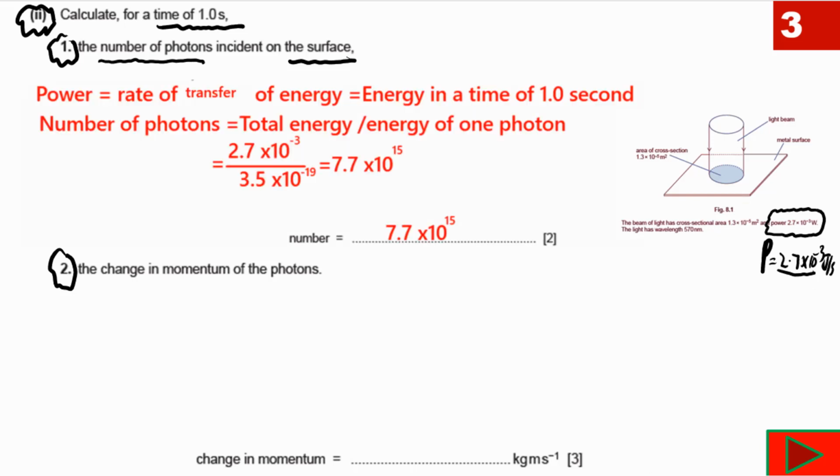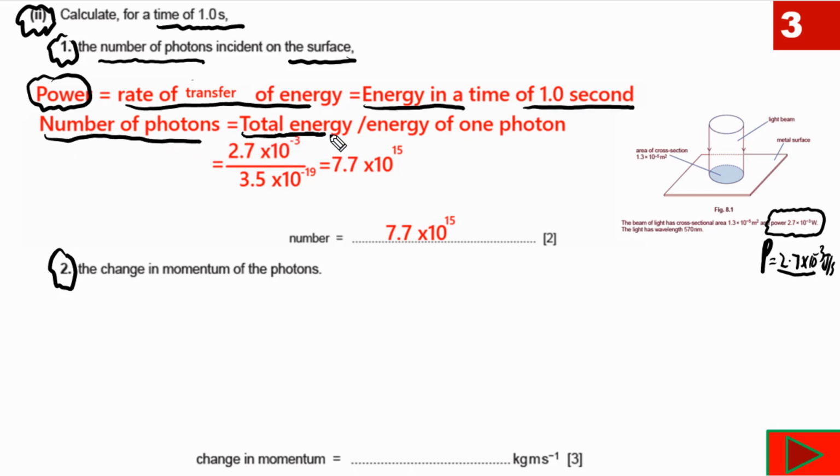So if you look at this, I have already done these calculations. The concept is very simple. First thing you need to understand: what is power? Power is the rate of transfer of energy. So how can we calculate the number of photons?